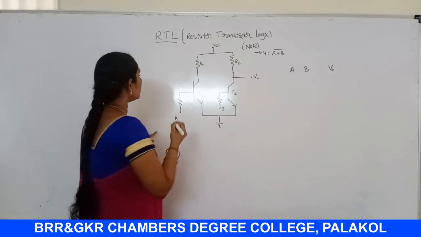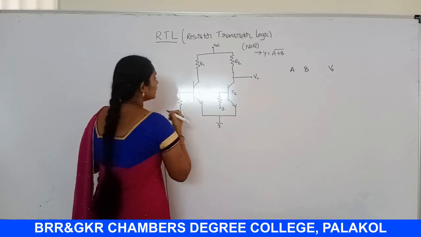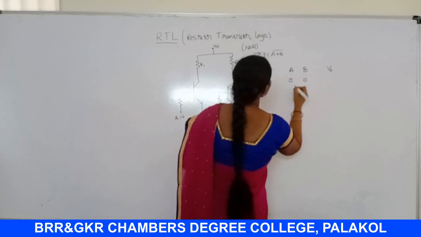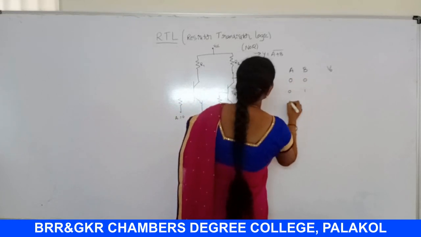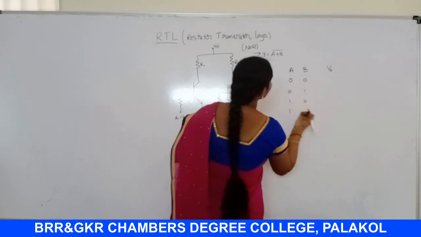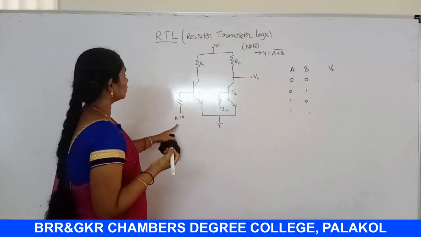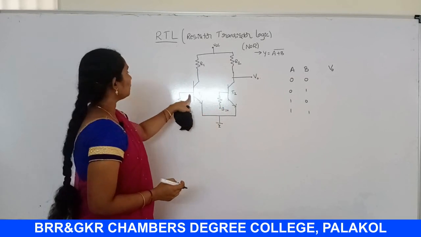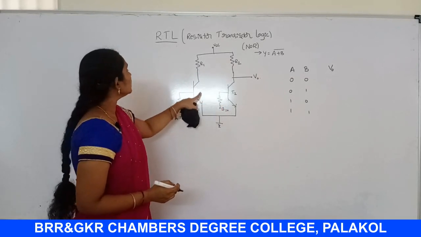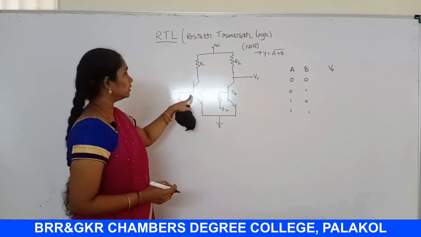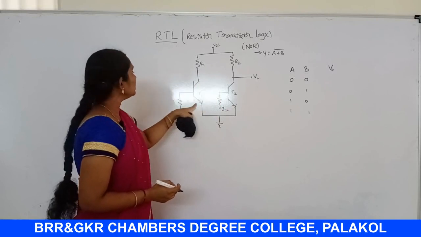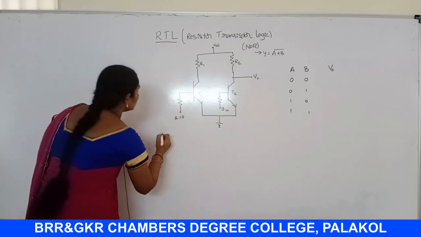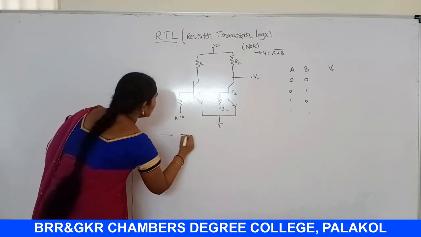The four combinations are 0 0, 0 1, 1 0 and 1 1. First I apply the input 0 0. When I apply 0 0, the transistor T1 drives low voltage, that means it is in the cutoff region, an open circuit.